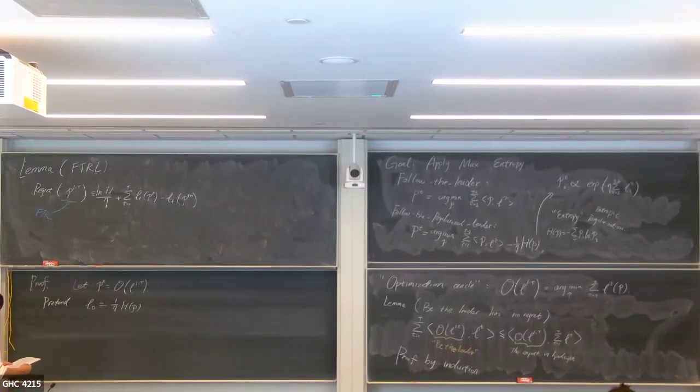Why do I want to do that? Because in follow the regularized leader, this is the extra term I tag on to the cumulative loss.